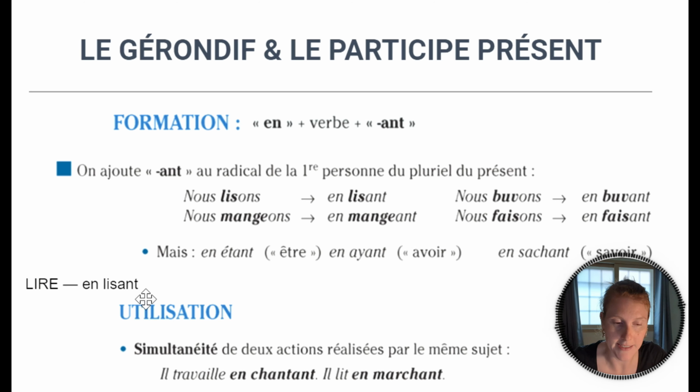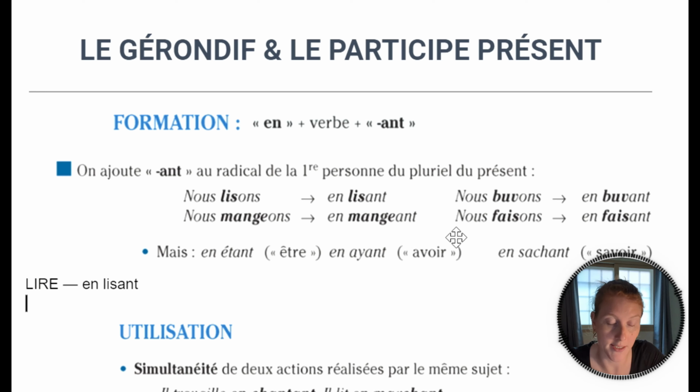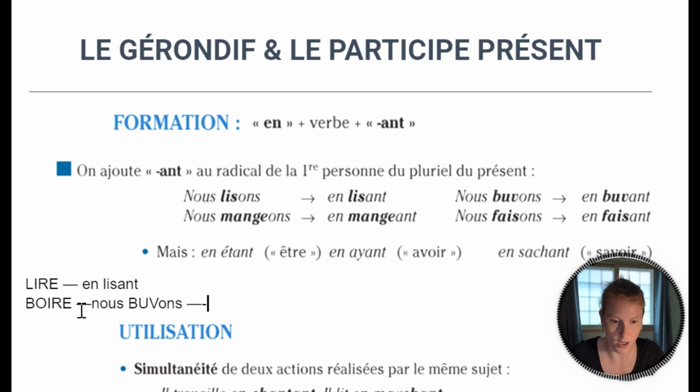Let's take another example. Boire, to drink, okay? Je bois, tu bois, il boit, nous buvons. It's irregular in present tense, so that becomes nous buvons, okay? Et donc, en buvant.